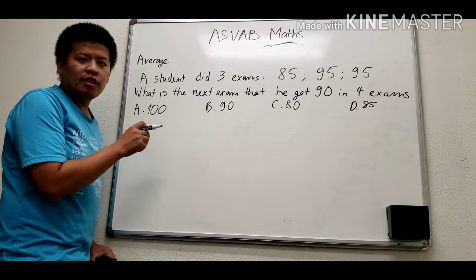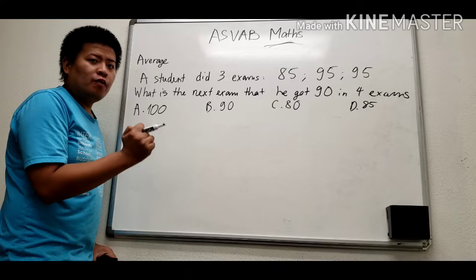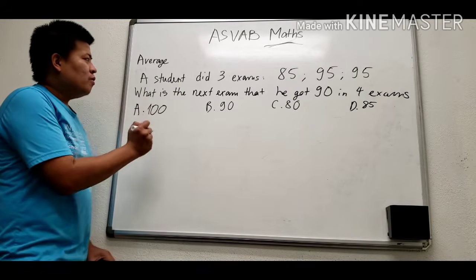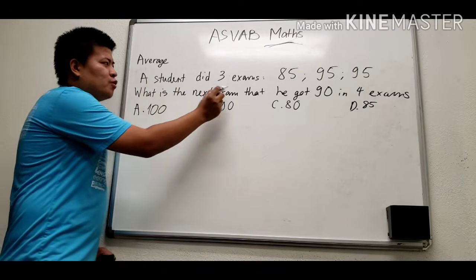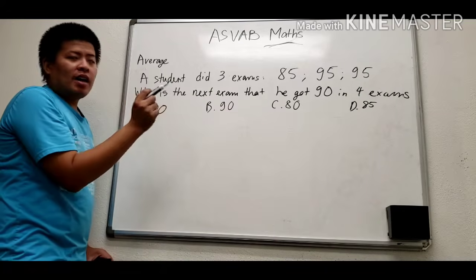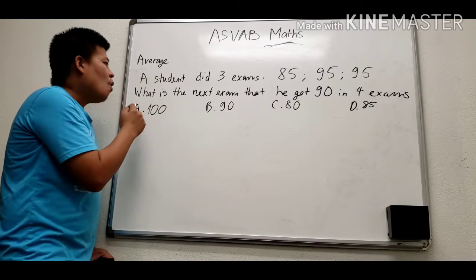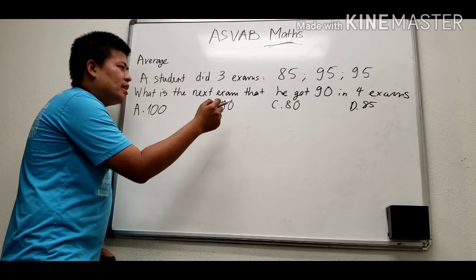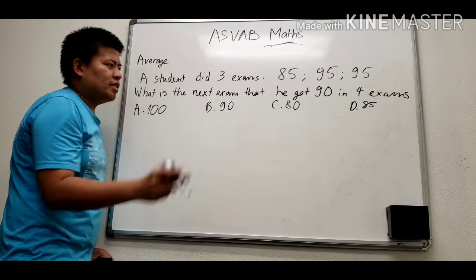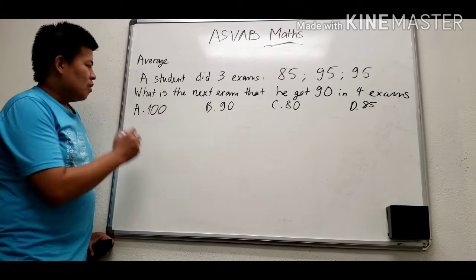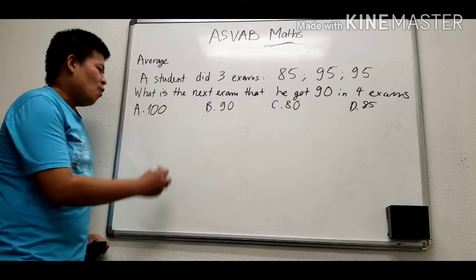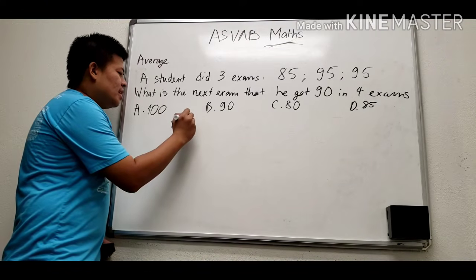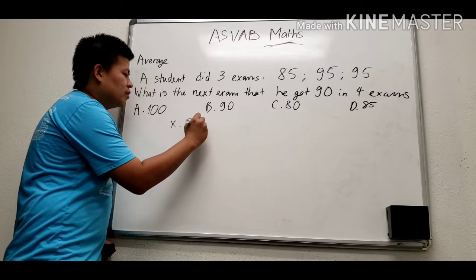In this question, it's a little bit different, so I will show you. A student did 3 exams: 85, 95, 95. What does he need to get on the next exam to have an average of 90 in 4 exams? So in this question, we put S as exam number 4.